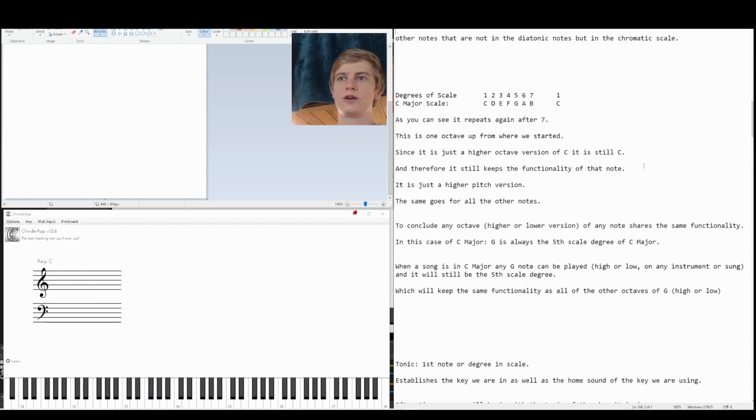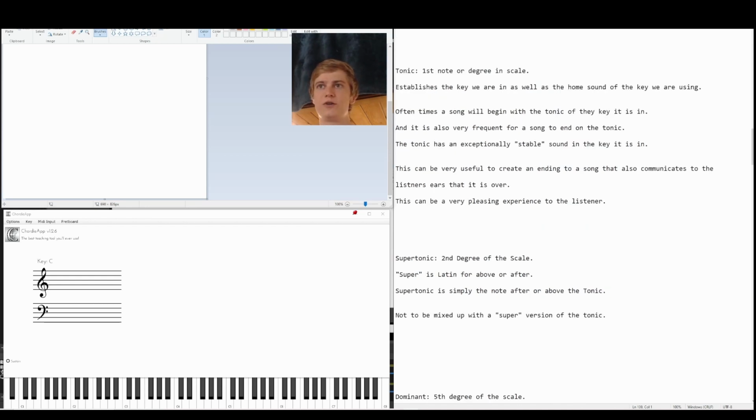Furthermore, any G note can be played high or low, any octave, on any instrument, or sung, and it will still be the 5th scale degree, which means it will still keep the same functionality as all of the other octaves of G. So any high or low version of G, in this case of C major, is going to have that 5th scale degree functionality, no matter if you're singing it, playing on an instrument, or whatever is going on.